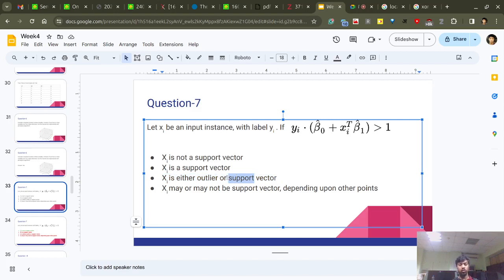So this is also wrong, the third option. And the other option says this may or may not be a support vector depending upon other points. That is also not correct, because if it is greater than 1, it is not a support vector at all. Similarly for any other point, if it is equal to 1, it is a support vector. If equal to minus 1, it is also a support vector, but anything other than that is not a support vector. So I think it is clear.